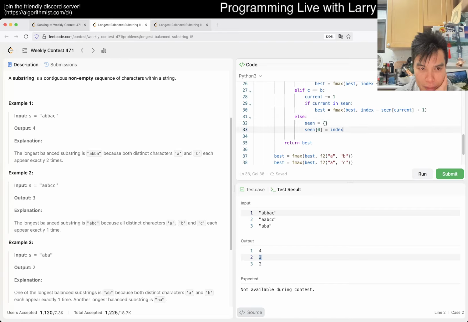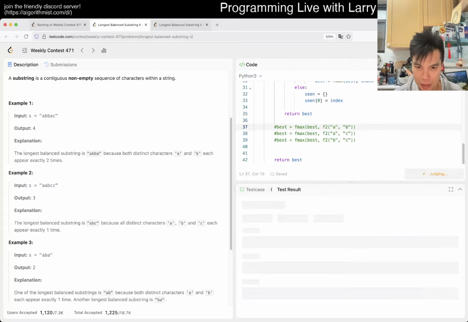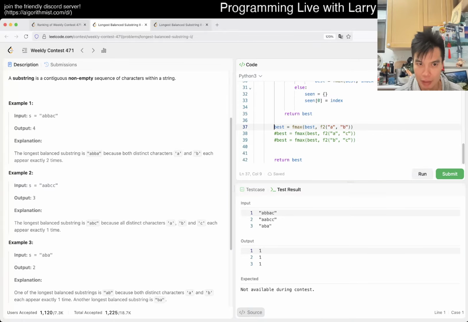Like that is just not right. Double check. Okay, it's not from that. So AB 4 is right. 1 is... wait, this is not right though.